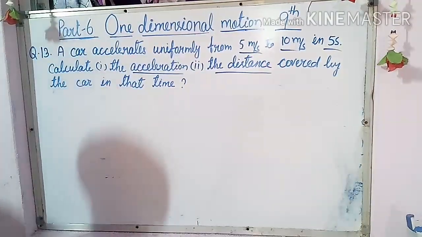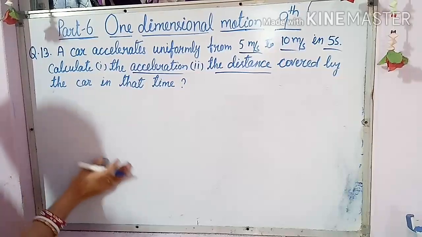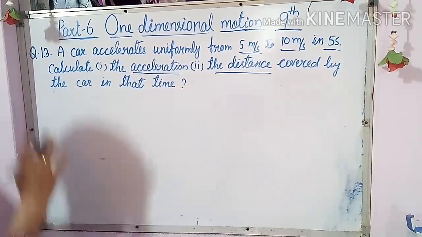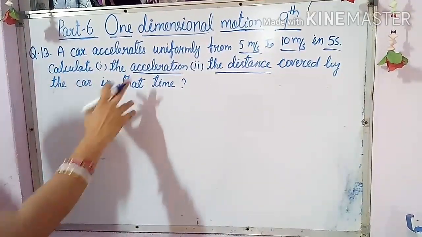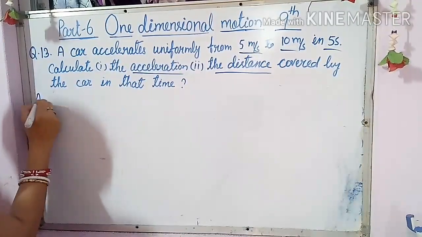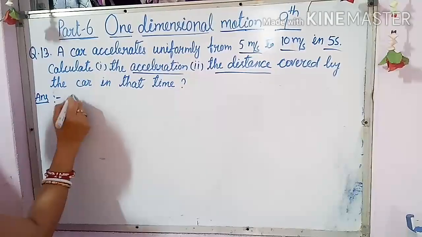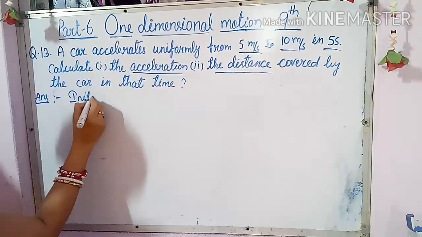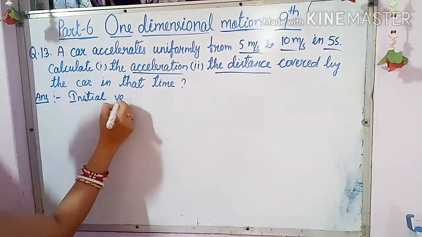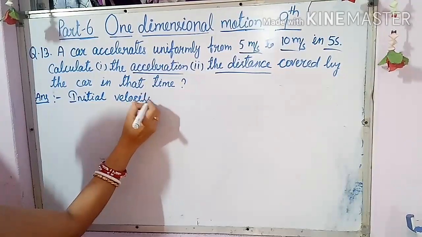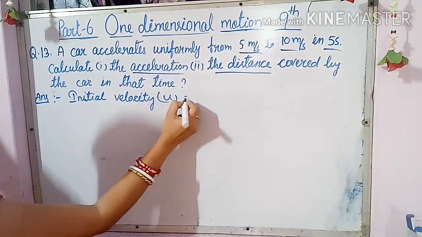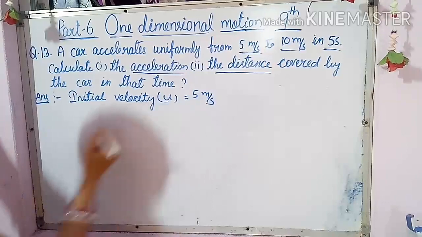As two things are asked, you have to set your mind that two equations will be applied. Now you see that one. First you write all the given things. After that, let's see which equation is applicable here. So initial velocity first you write. Initial velocity U equal to 5 meter per second.